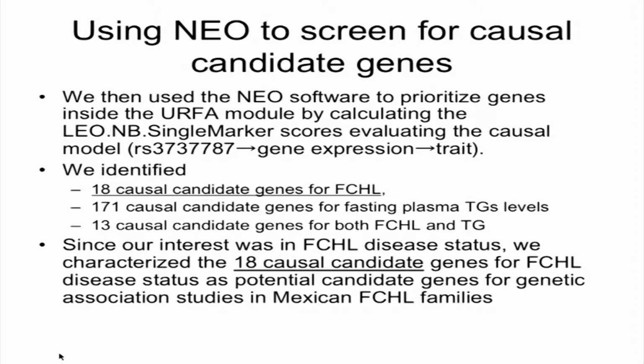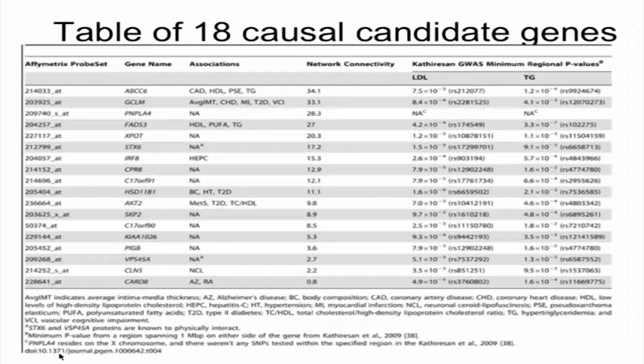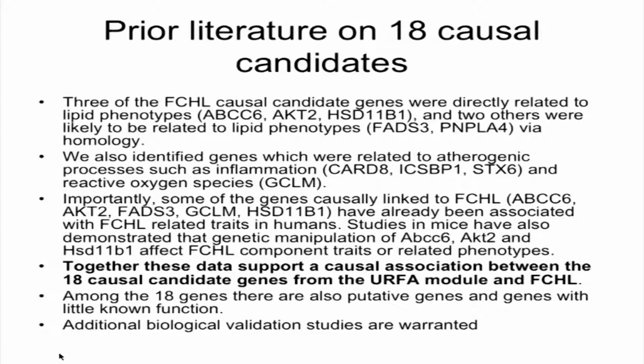And then my collaborators evaluated these genes, and many of them were actually known from the literature. But also, they found that some of them co-located with SNPs that had been found in a GWAS study. So there was strong evidence from the literature that yes, some of these causal candidates are indeed causally involved with the disease.